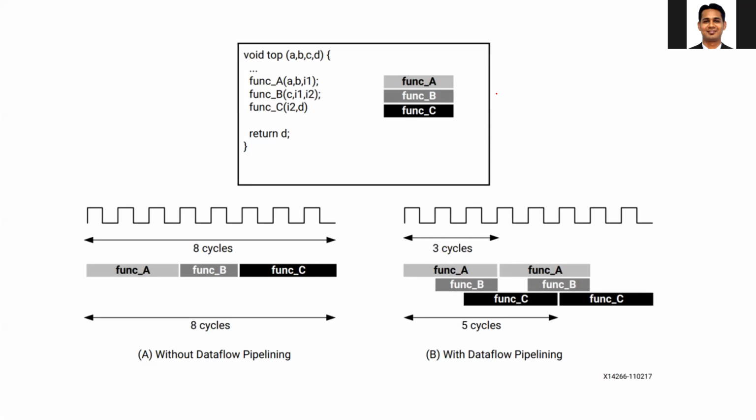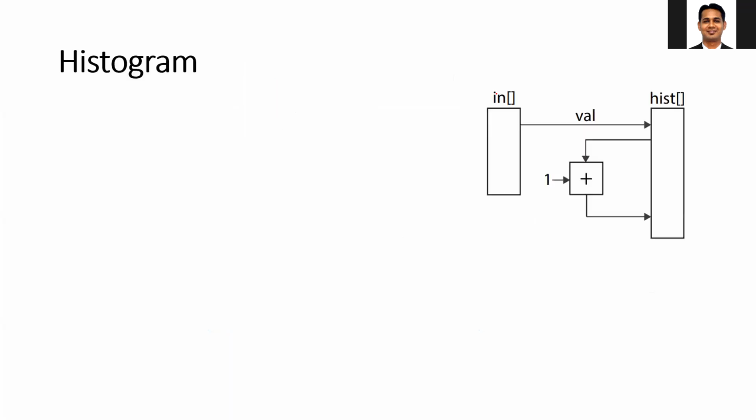Okay, so now we are going to discuss the HLS dataflow as well as the HLS dependence pragma for the image histogram example. This example was given in one of your quizzes, or I think the mid-sem question paper, and we will discuss the possible solutions to that problem.